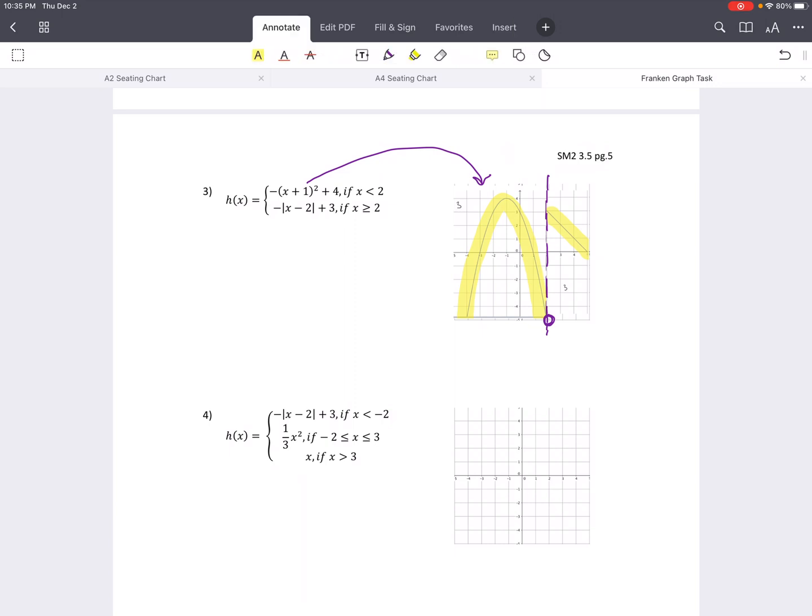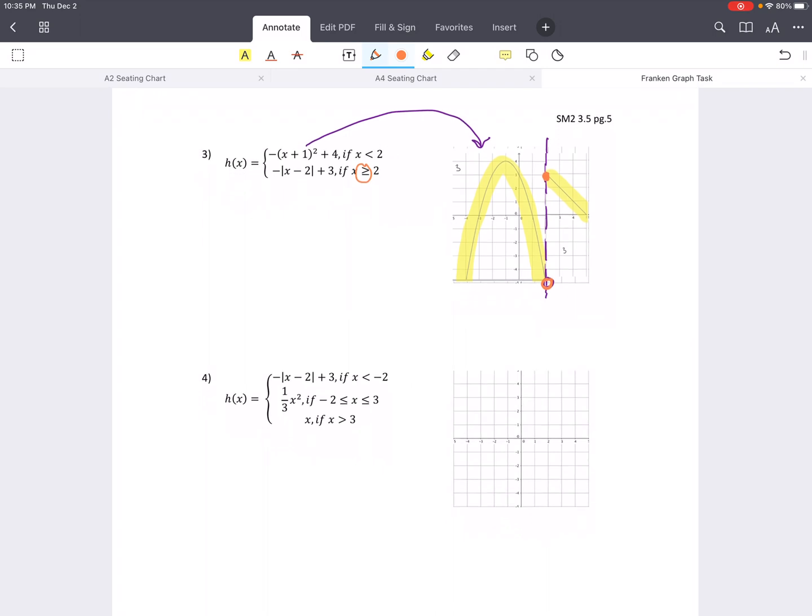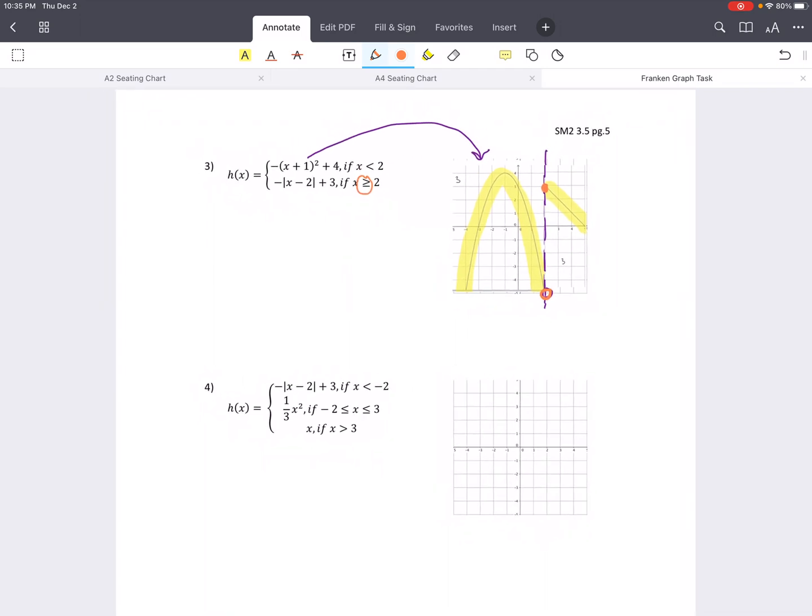And for this one, because it's or equal to, I'm going to have a closed point here. So it's an open circle for the left side and a closed point on the right side. And that would be our piecewise graph for that one.